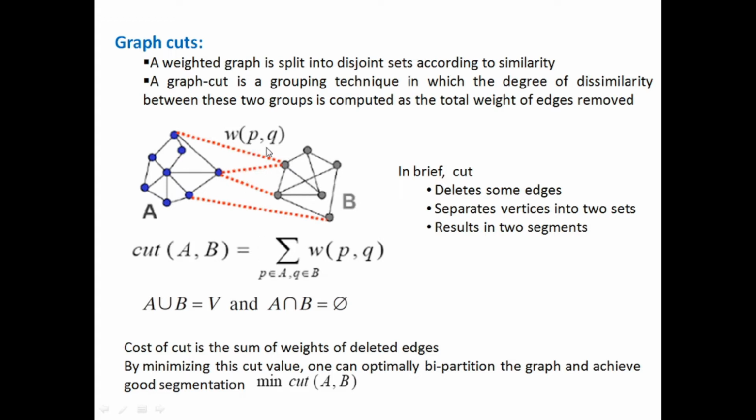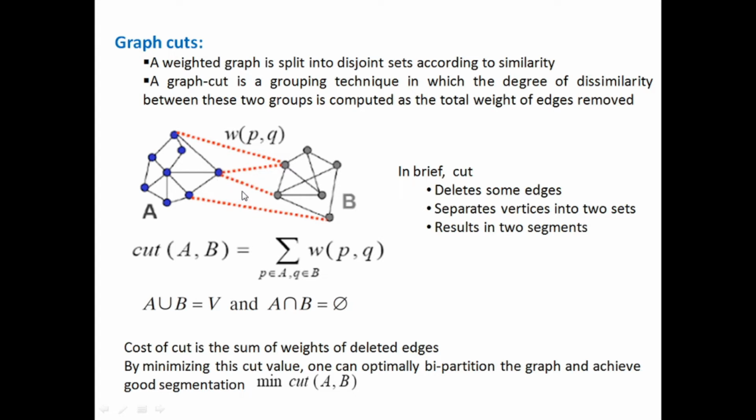W of P comma Q is the weight associated with the corresponding edge, the edge connecting pixel P with pixel Q. Here P belongs to group A and Q belongs to group B. So W of P comma Q is the weight associated with the edge that connects pixels P and Q in the given graph.